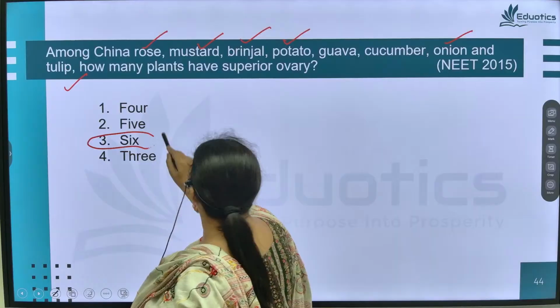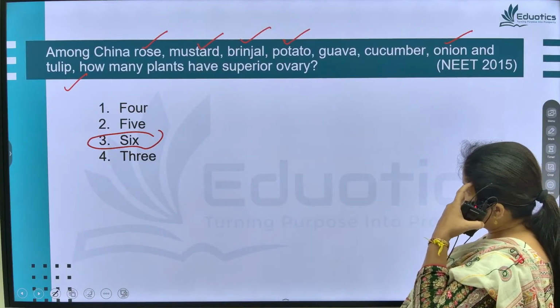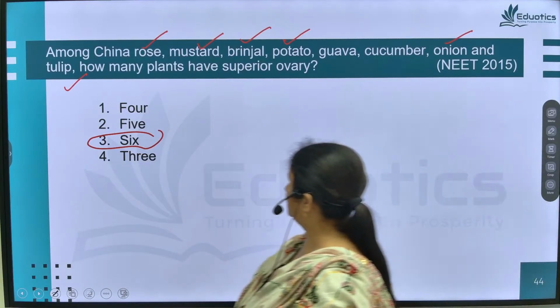That will be the answer. Guava has a perigynous ovary and cucumber has an epigynous ovary.